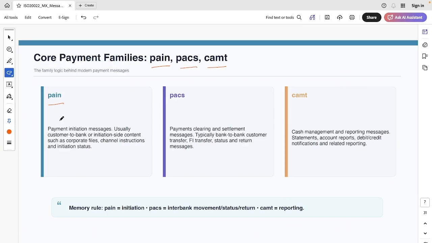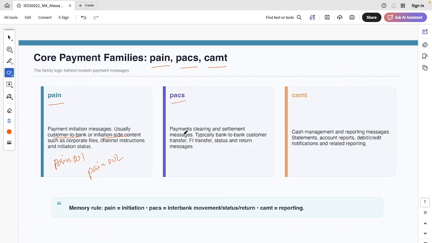So these messages are usually customer to bank or initiation side messages, right? Think of a corporate sending a payment file to its bank, or a channel sending an instruction into the bank. PAIN.001 is the classic example of customer credit transfer initiation, and PAIN.002 is a customer payment status report.